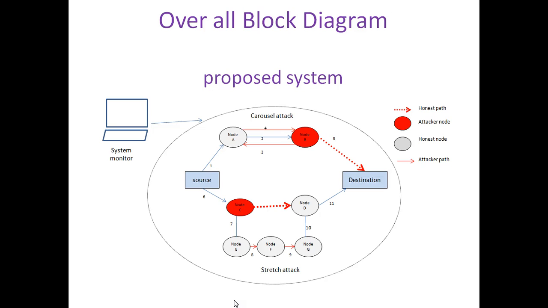This is the overall block diagram for my proposed system. The system monitor is used to monitor the packet transmission between source and destination. The above part shows the corrosion attack, that is, how corrosion attacks enter the network, and the below part shows the stretch attack methods.